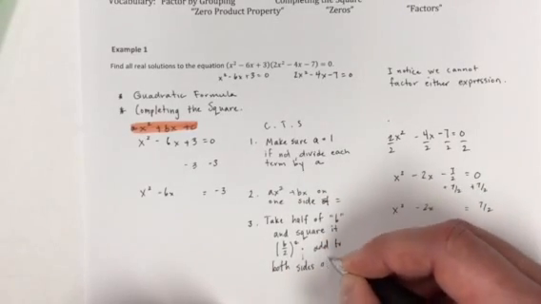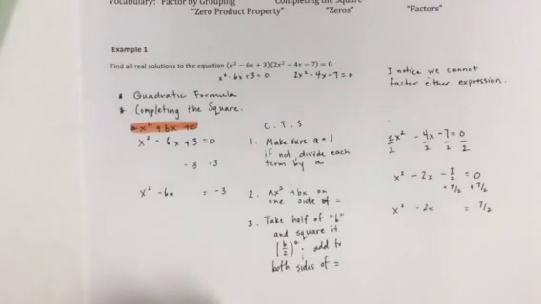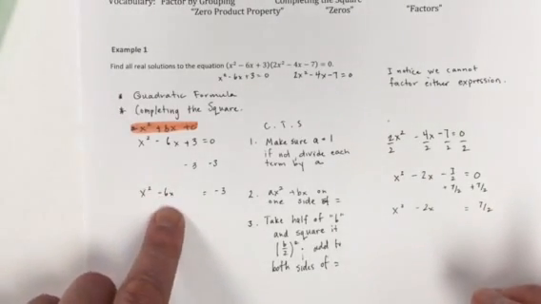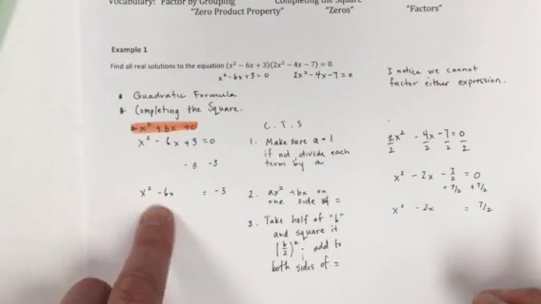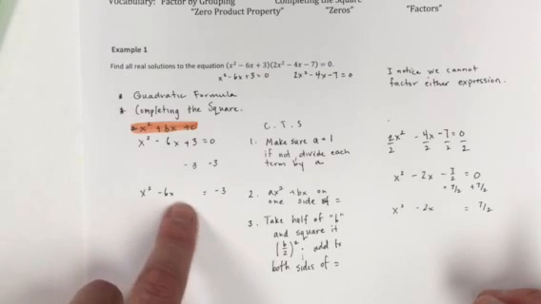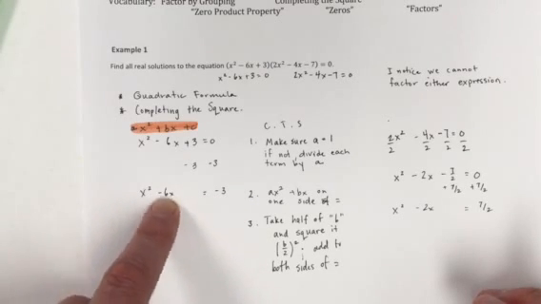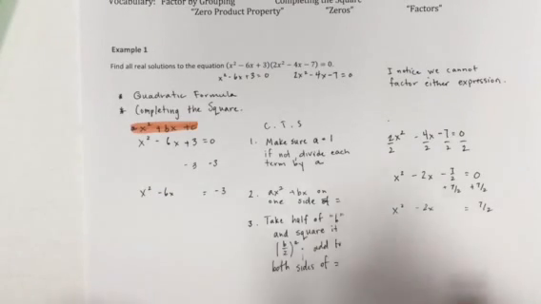So on my left-hand problem, I have x squared minus 6x. So 6x is my b term, so I'm going to take half of 6.